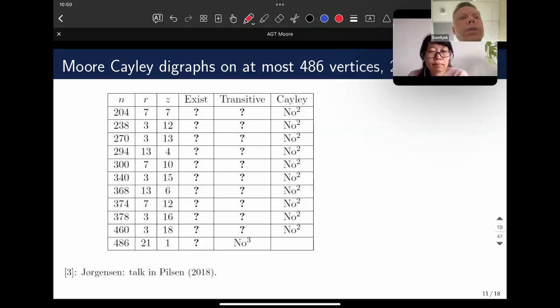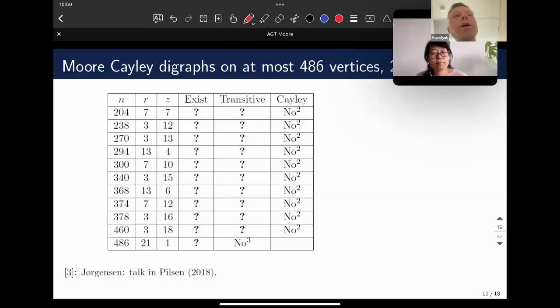I'm not sure if he published this result, but he presented it in Pilsen at some conference. The idea is that he showed that if such a Moore digraph exists, this would imply the existence of a certain strongly regular graph.